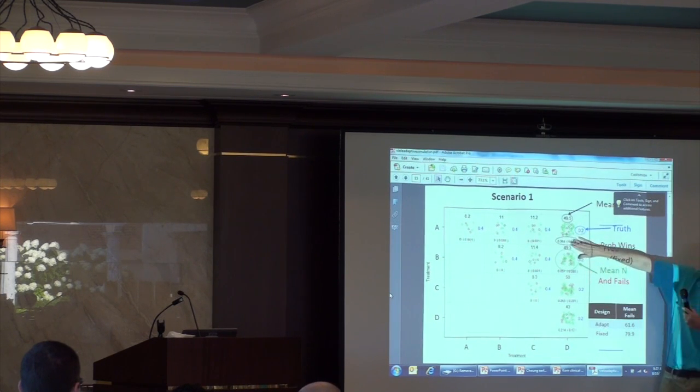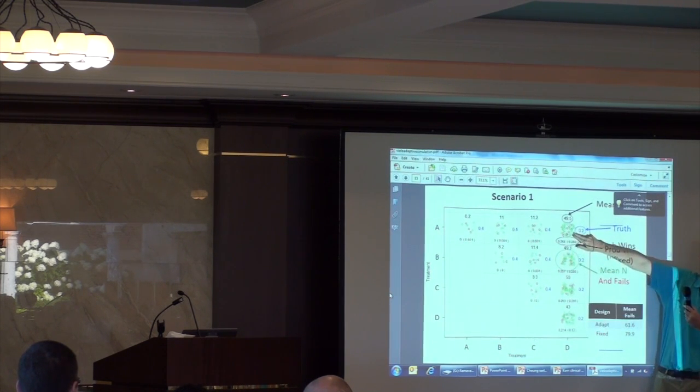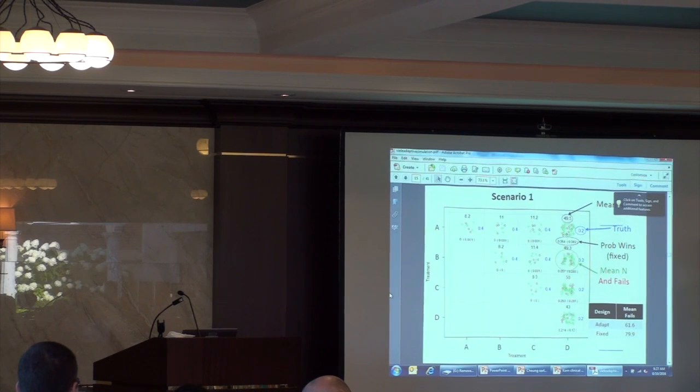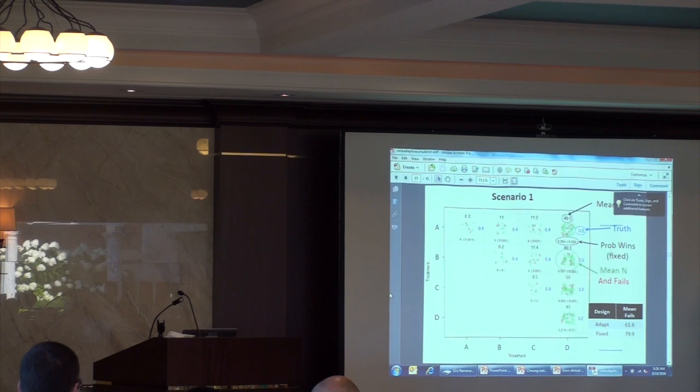This says that 26% of the time, 0.26, I know it's small, we would say give D plus A. Now that's not the ideal answer, because we're over-treating, but it's a good answer. 25% of the time we'd say D plus B, 26% of the time D plus C, and 21% of the time give D only. So almost 100% of the time the result of the trial is to give treatment D. That's the right answer in this case to give the ideal rate.